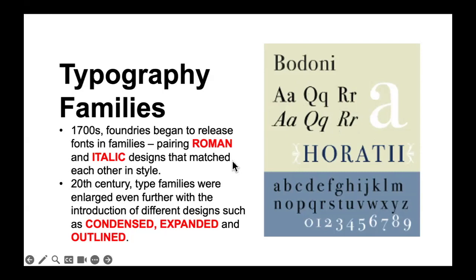When we rolled over to the 20th century, they started making a whole lot more styles within the families, like condensed. That means the letters are much more squeezed up and close together, and you can get a lot more in a small space. And right to the opposite, expanded, so you can really call attention to those words, and outlined. So, lots of different things to learn here.